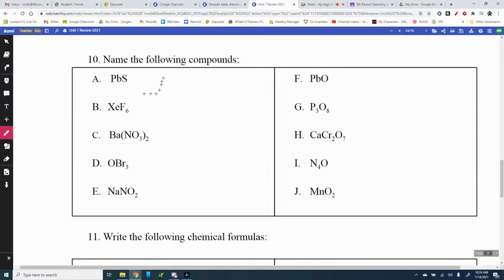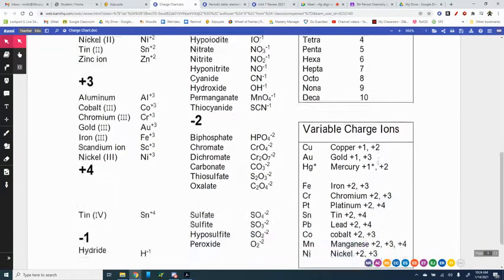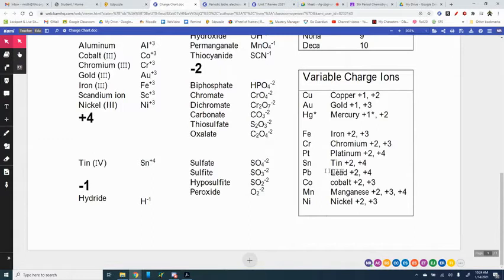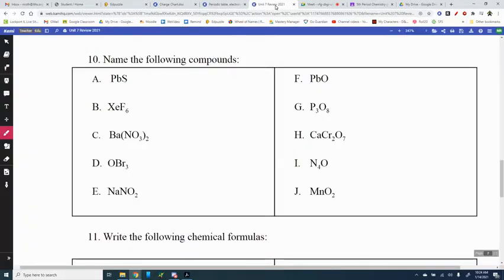Next, we have to check the charge chart to see if our metal is in the variable charge metals, which, boom, it is. So that means we do need a Roman numeral. So we have to find what the charge of sulfur is to figure out what the charge of lead is.